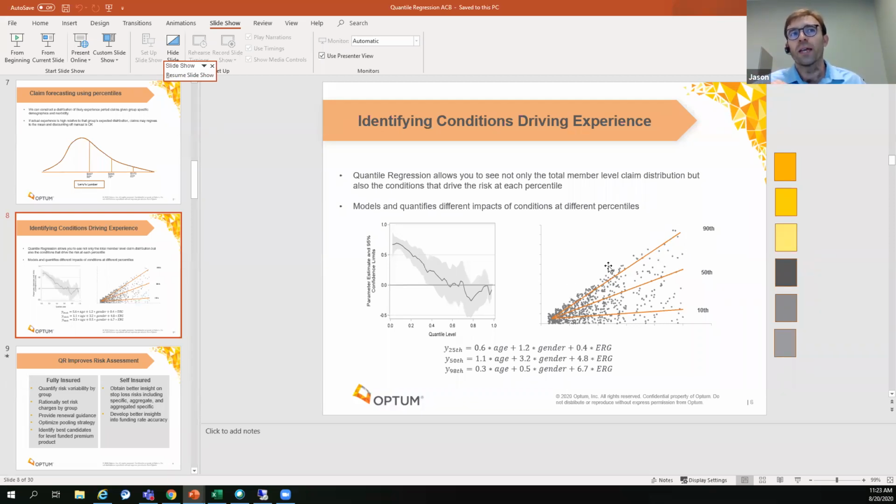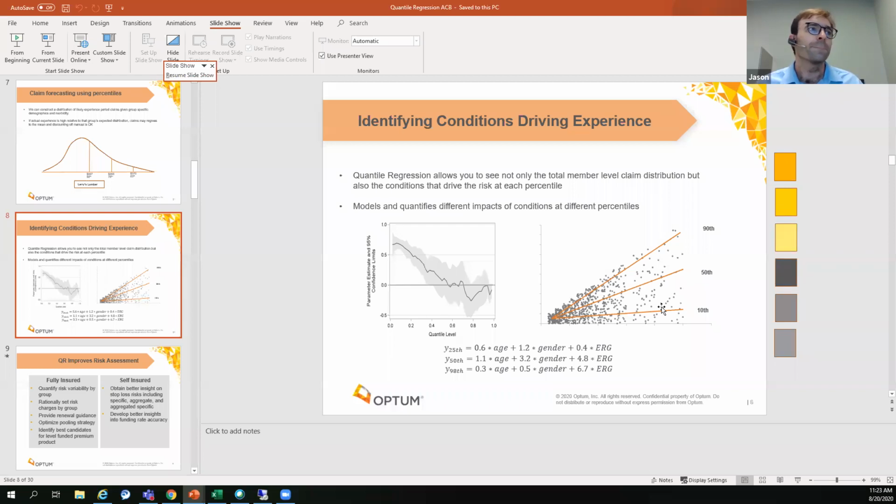When you're looking at the high risk end of the group, it's a different impact of that condition than at the low risk end. If those lines were all parallel, then quantile regression would not be needed, because it would be the same impact at all percentiles. But in truth, those differences are quite dramatically different, and that's the key here.